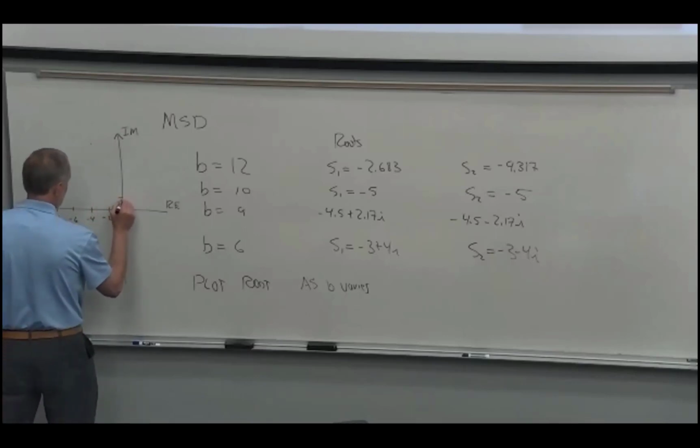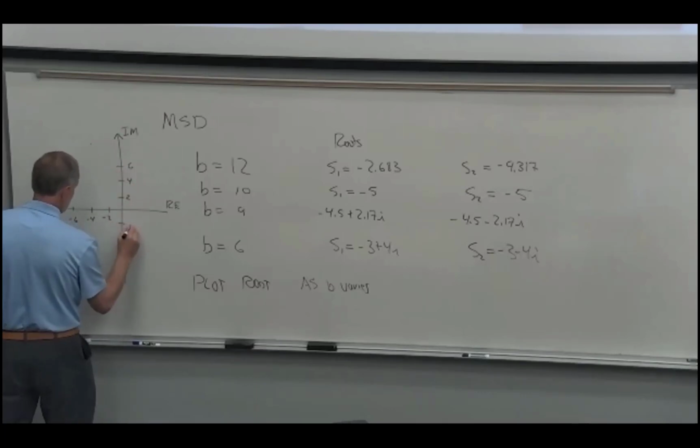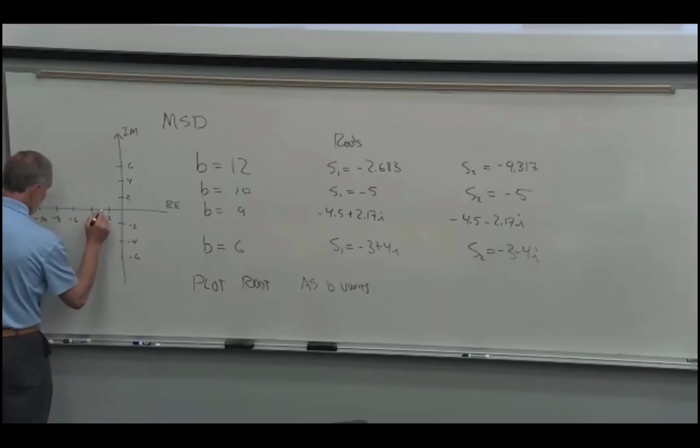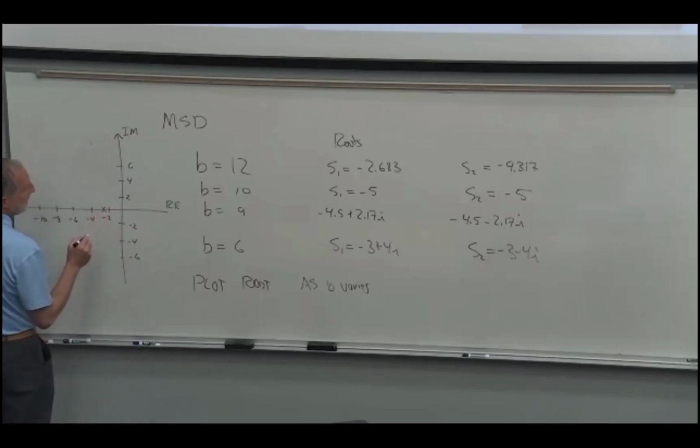So this is going to be 2, 4, 6. So when B was 12, I got minus 2.683. So that's somewhere like that. And minus 9.37. So I'm over here. And that's a real good visual representation. It's damped. It's non-oscillatory because they're all on the real axis.